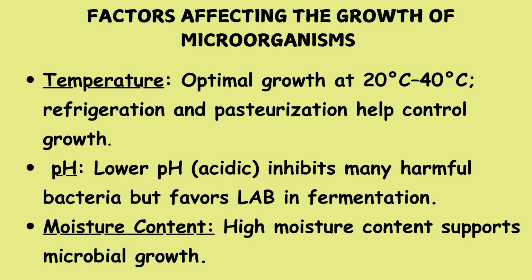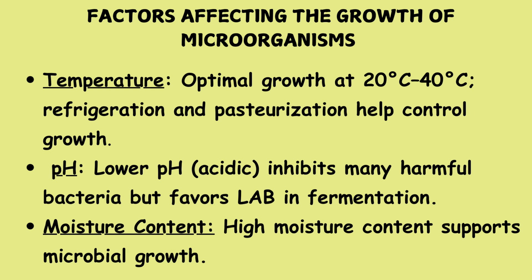Another factor is pH. Fresh milk has a slightly acidic pH, around 6.7 to 6.9. This pH is ideal for the growth of some bacteria but not for others. During fermentation, lactic acid bacteria convert the milk sugar lactose into lactic acid, lowering the pH of the milk.